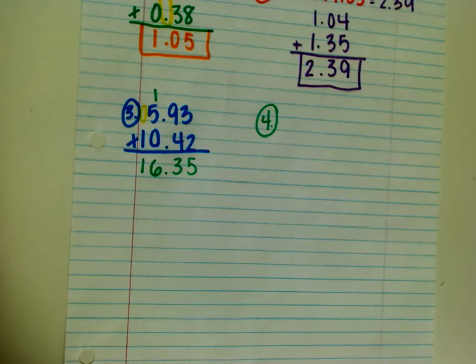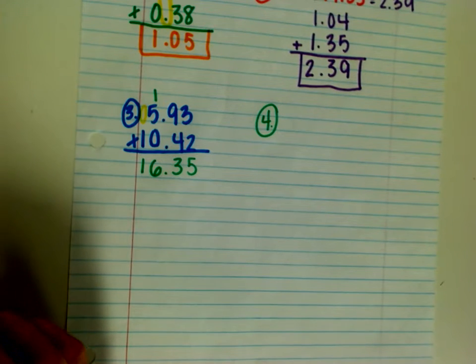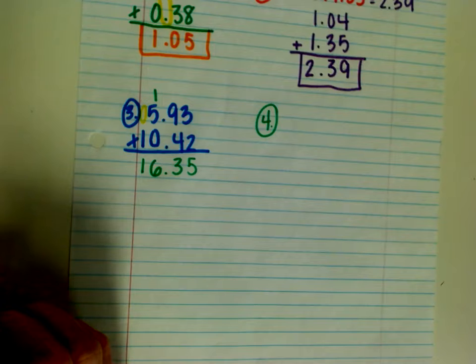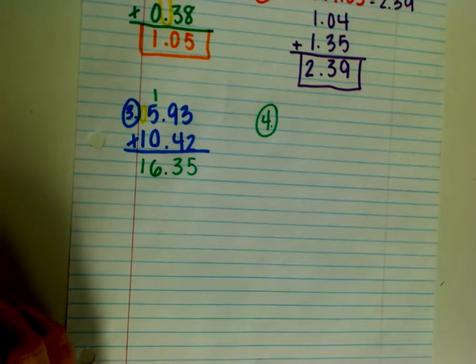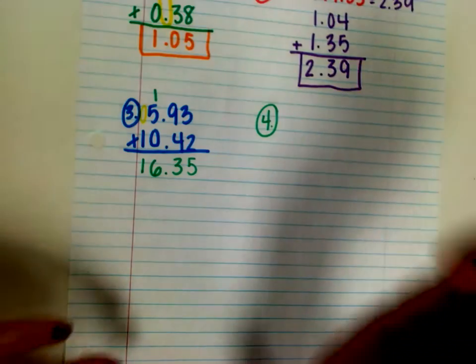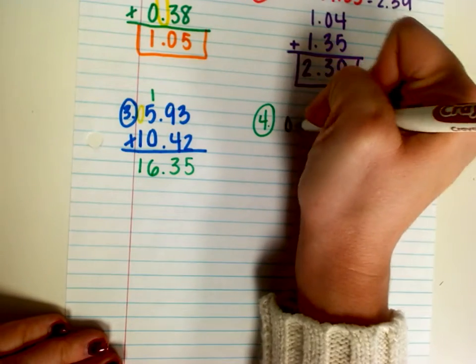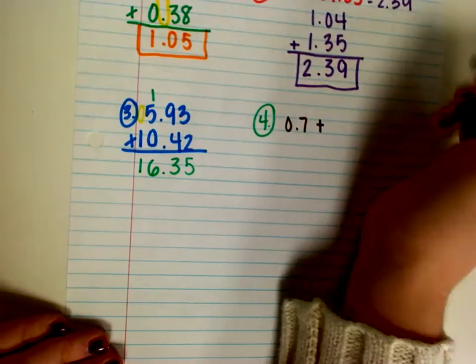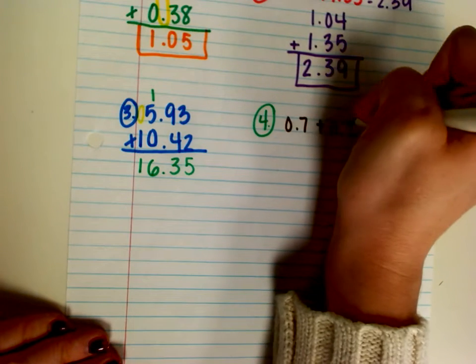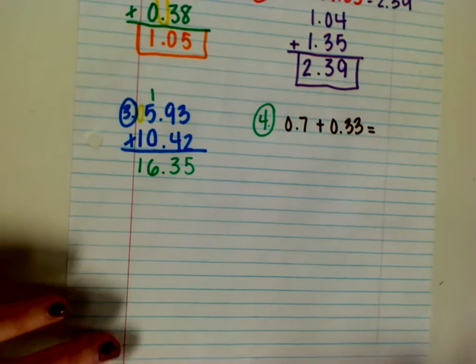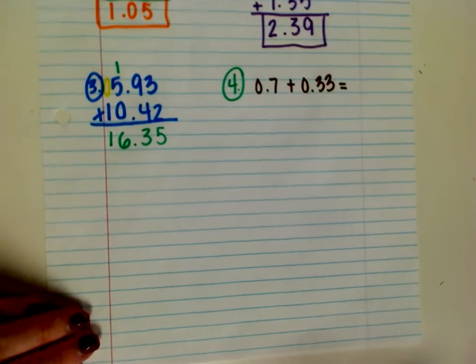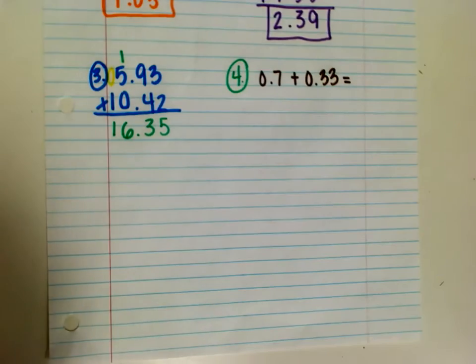Okay. Problem number 4. Also an uneven amount of digits. So I'll write it like this, and then you choose to do what you want. 0.7 or 7 tenths plus 0.33 or 33 hundredths. 0.7 plus 0.33.